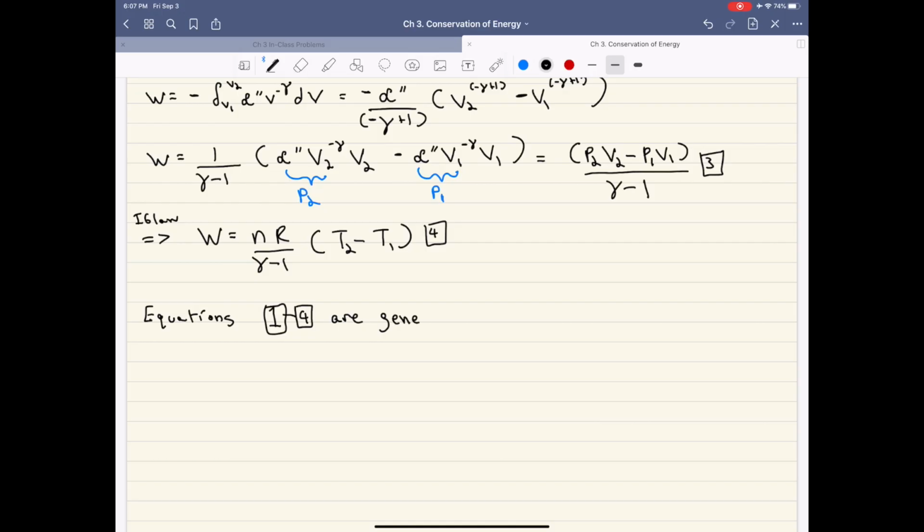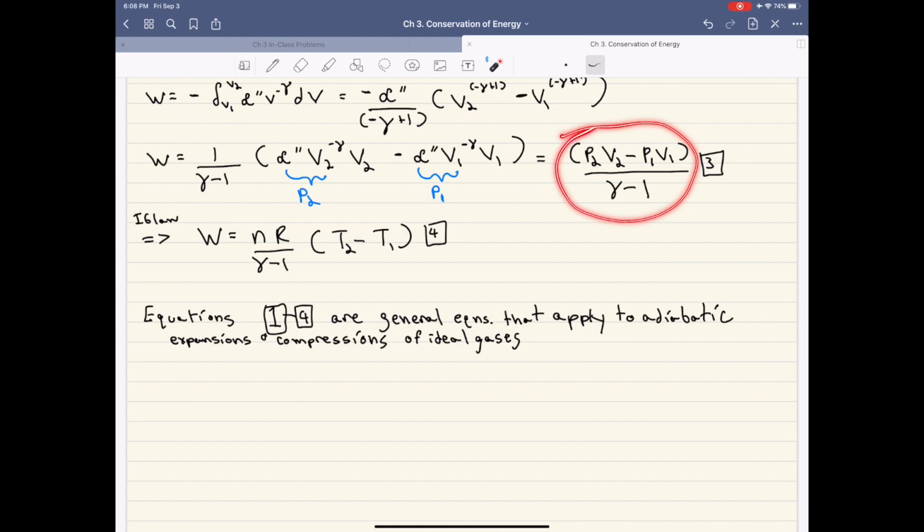These are all general equations that apply to adiabatic expansions and compressions of ideal gases. Okay? So later on in the course, whenever we deal with these sort of adiabatic compressions or expansions, especially when we're talking about engines, to figure out the work, we could just jump directly back to this equation.